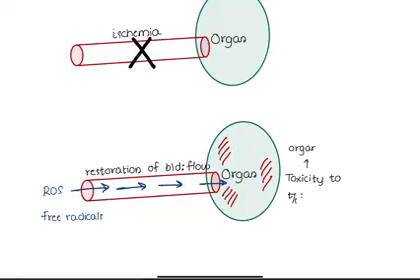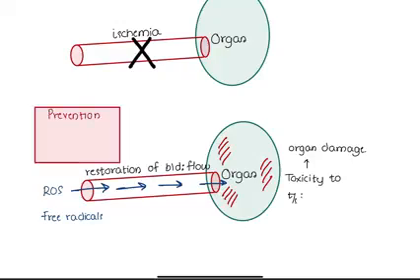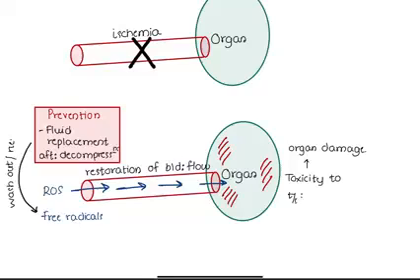Therefore, reperfusion itself may paradoxically cause further organ damage. This can be prevented by giving fluid replacement immediately after decompression, so that the body is able to eliminate or wash out the excess free radicals.